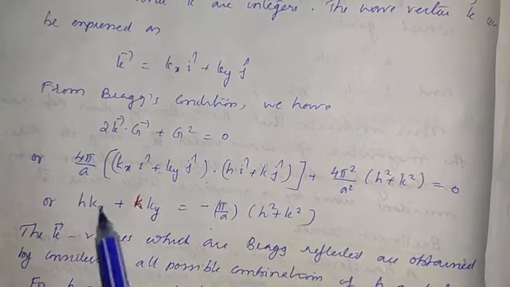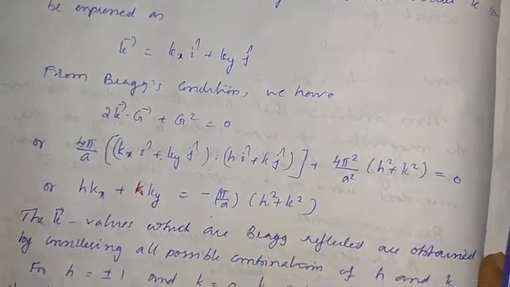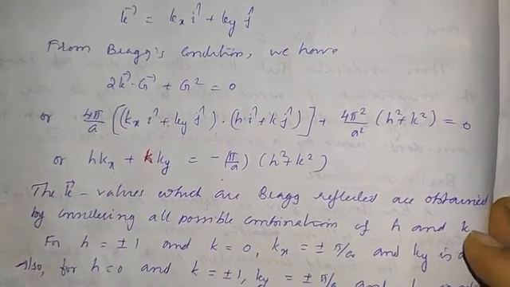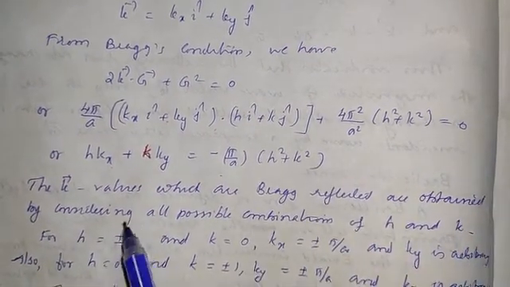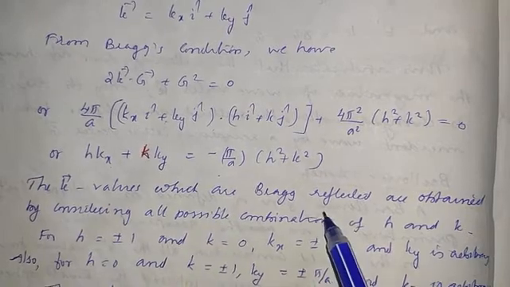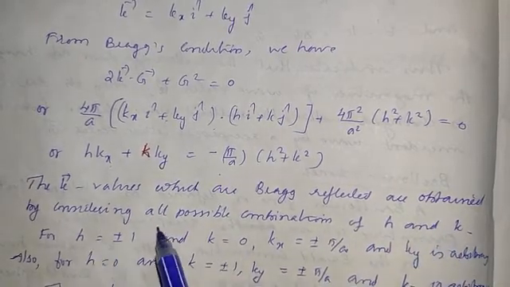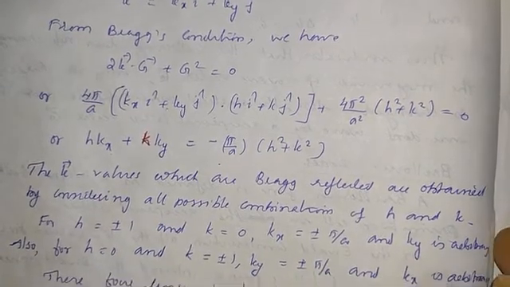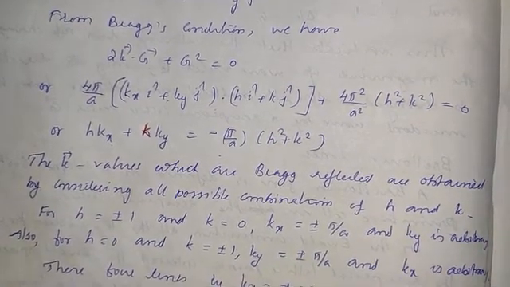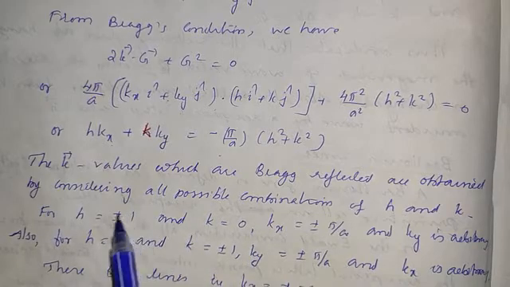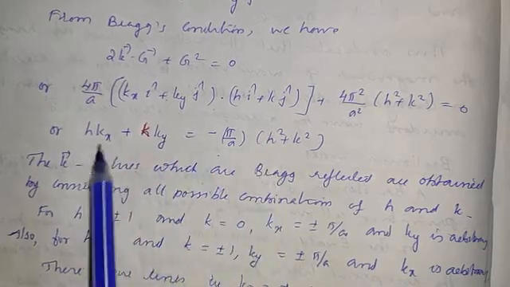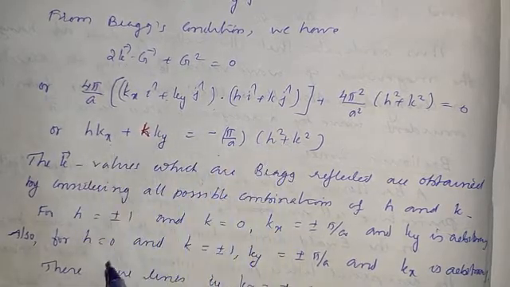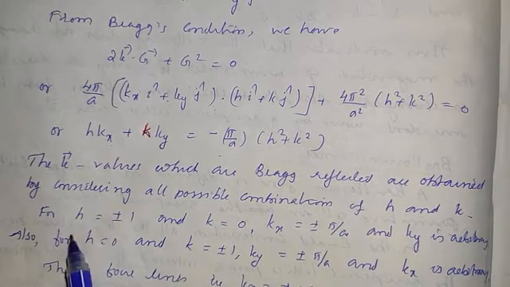So these two terms will remain from the Bragg condition. The Bragg reflected k values are obtained by considering all possible combinations of h and k.